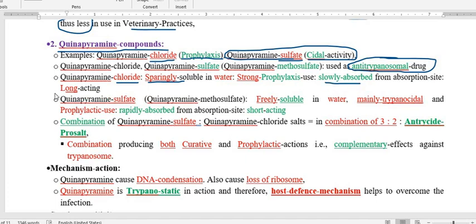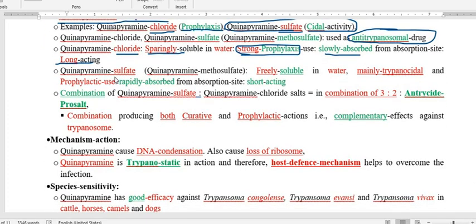As we mentioned earlier, chloride is less soluble in water, or sparingly soluble, therefore it absorbs slowly and is long acting, and because of that we use it as a prophylaxis, showing a strong prophylactic action.